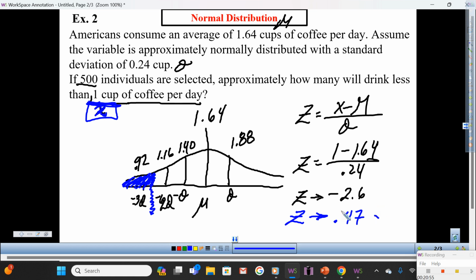Looks about right. So the area under the curve is .0047.